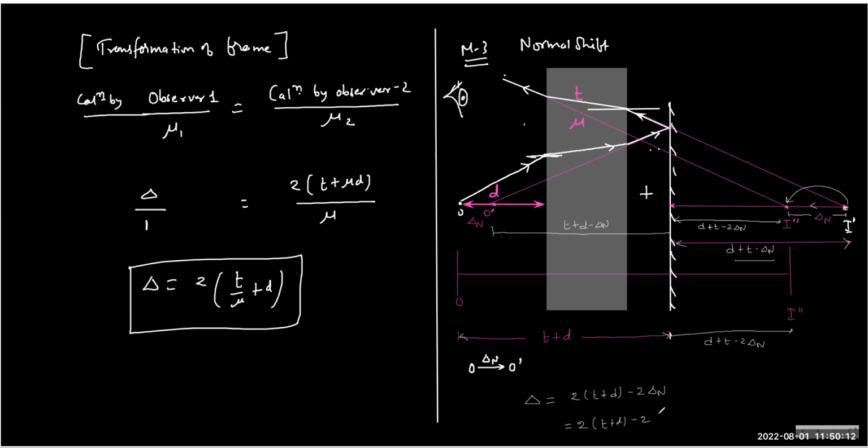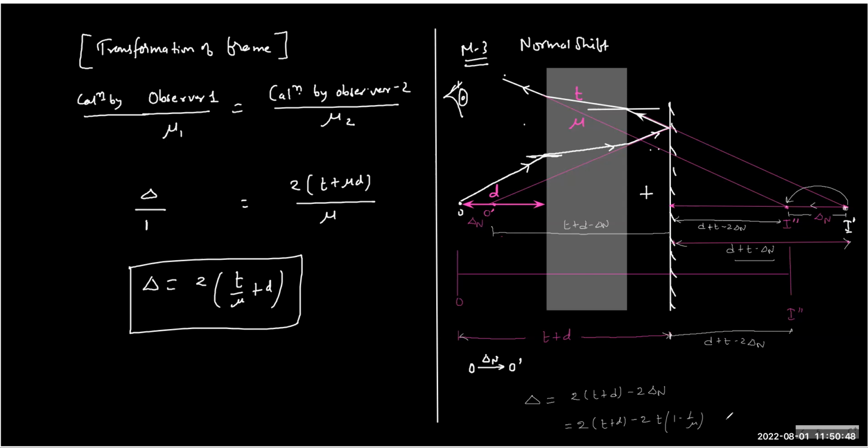Something is wrong. The t term is getting cancelled. t plus d minus delta n.